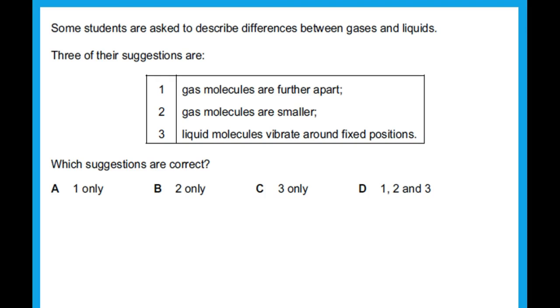Is that right or wrong? That's actually right. Gas molecules are further apart than liquid. Now, gas molecules are smaller? No. We said never think about smaller or bigger. Liquid molecules vibrate around fixed positions. Liquid? No. It's solids that vibrate around fixed positions. So actually the only statement that is correct is A.